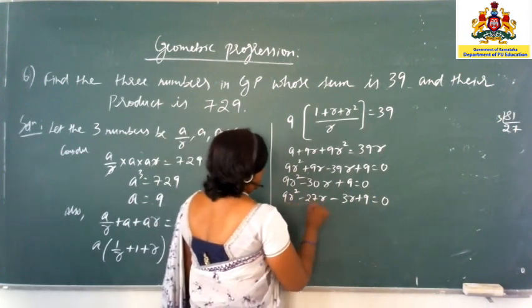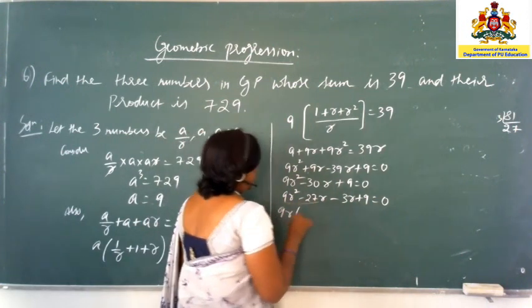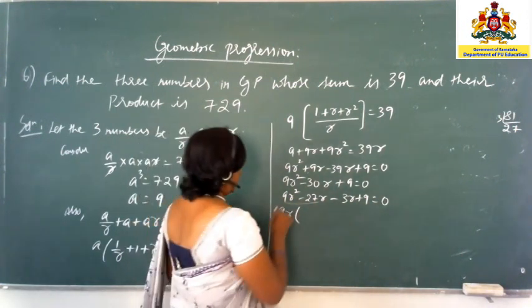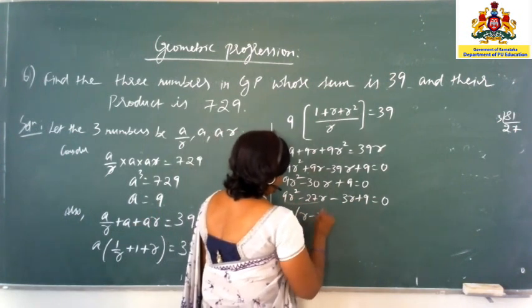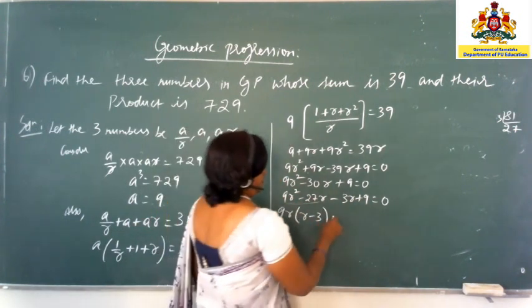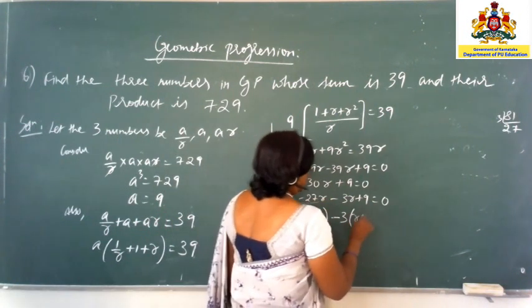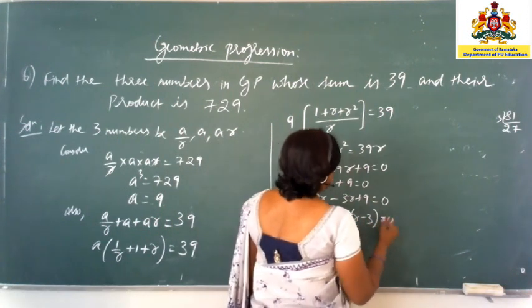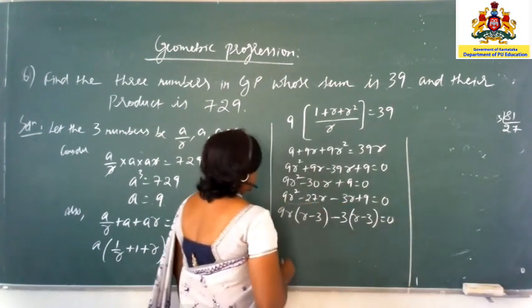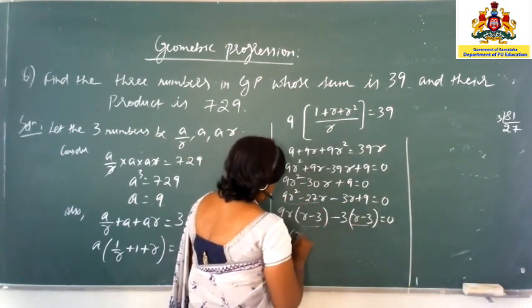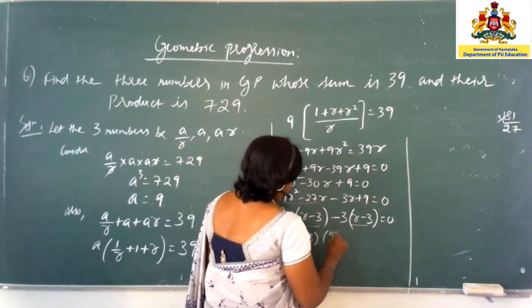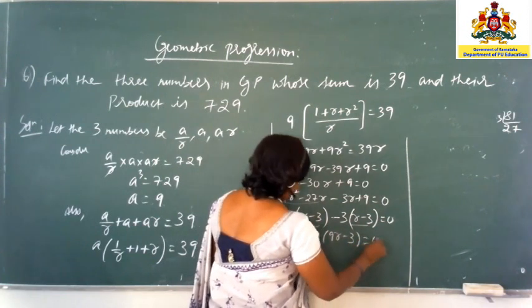So from these two, 9R I can take out, so you'll be left with R minus 3. Minus here again, 3 I can take out, R minus 3 is equal to 0. So in this, R minus 3 into 9R minus 3 is equal to 0.